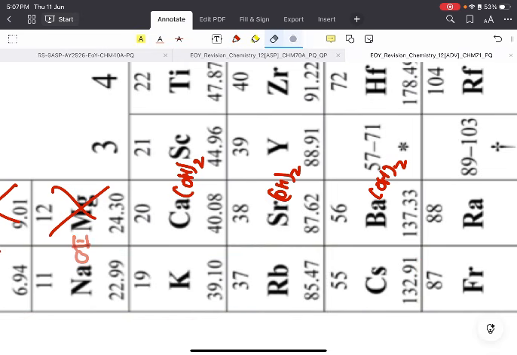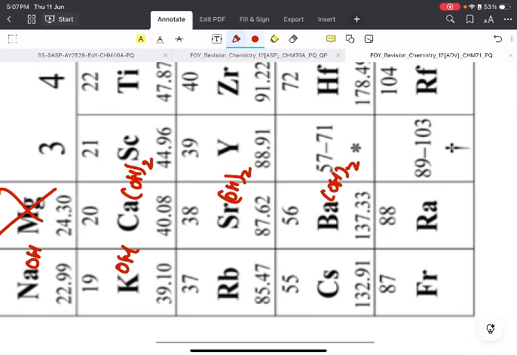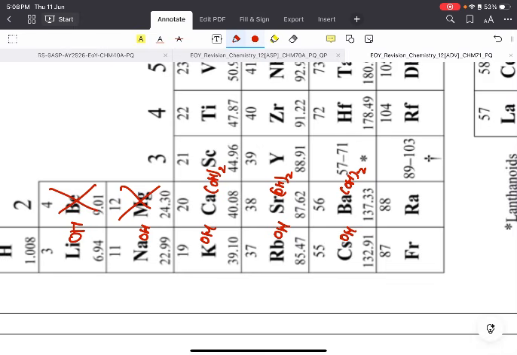In group 1, you have 1 OH, and like this you get the formula of all strong bases. Remember, in group 2 you put 2 hydroxide ions.